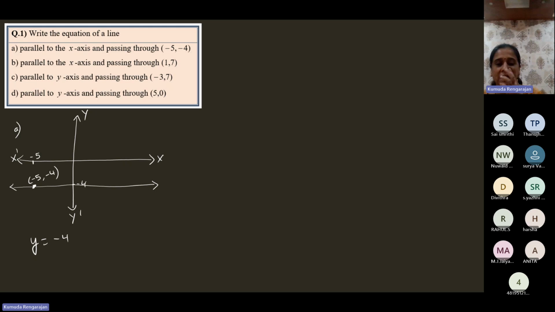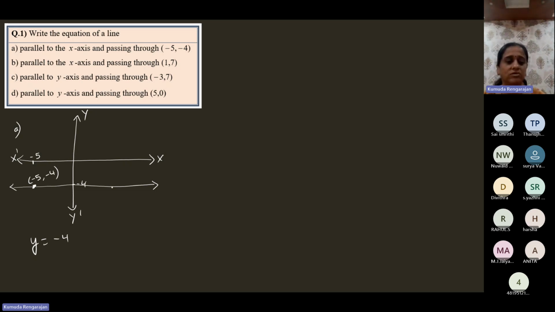When you write the equation of a line as y is equal to -4, you're trying to say that the y coordinate of every point on that line is -4 only. X coordinate will change, but y coordinate will not change. It's -4 always.